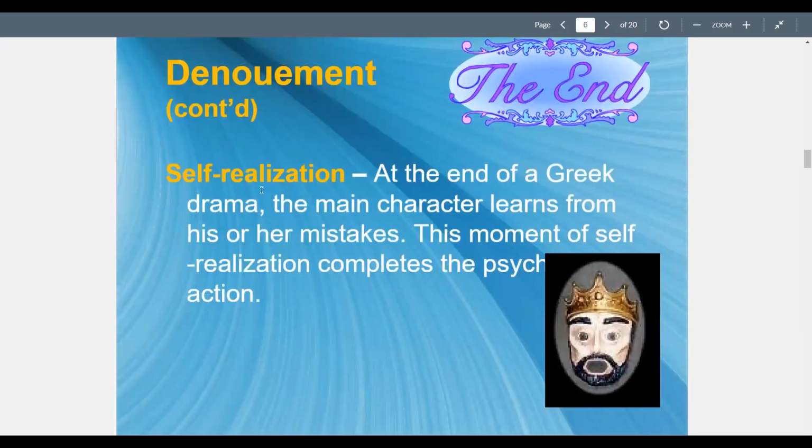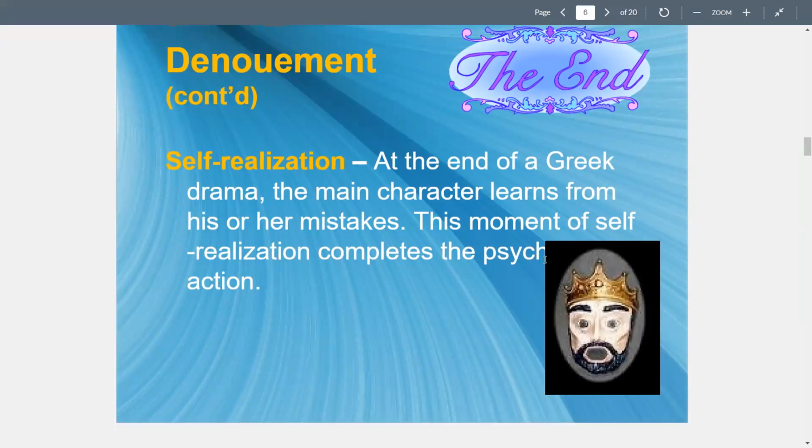And this denouement, like I said, is self-realization. This is where the main character learns from his or her mistakes. It's a moment of self-realization, completing the psychological action.